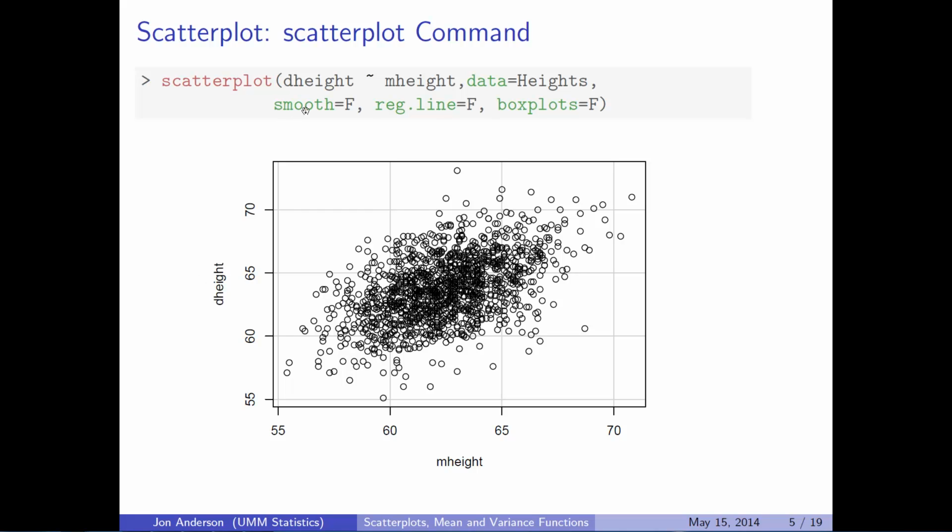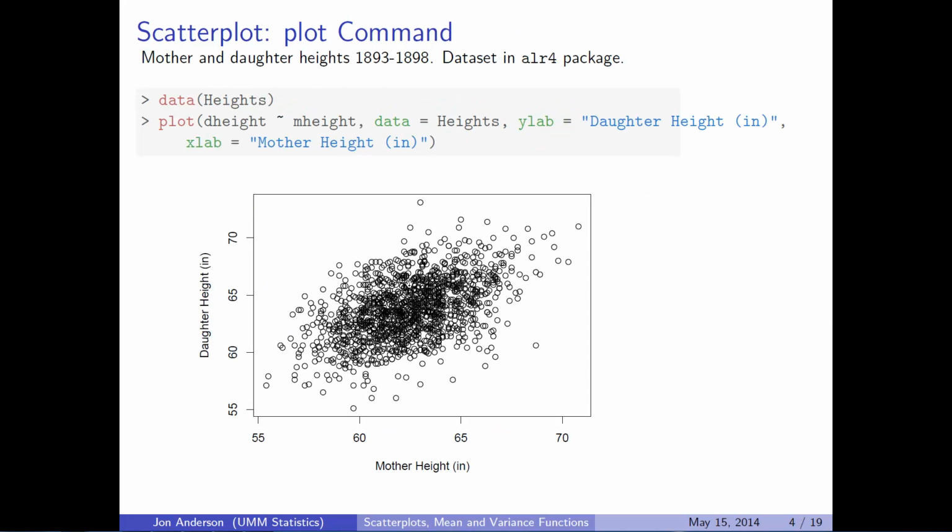And you can see without any special y or x variable labels, we have just the variable names mheight and dheight, whereas on the previous overhead, on overhead 4, we have informative labels which we supplied to the command.